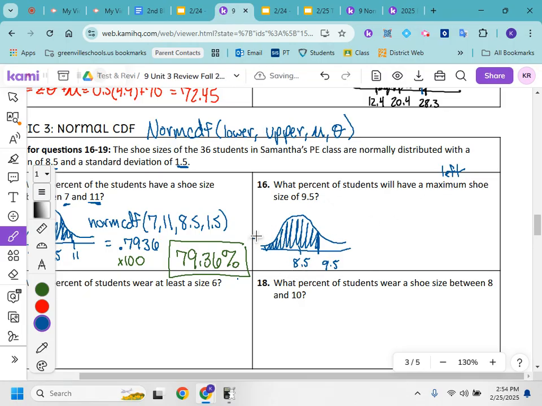We would love to put negative infinity in the calculator for our lower bound, the smallest number to the left, but we can't. So that's why I use negative 1, 2, 3, 4, 5, 6 zeros, just a very, very small number. To our upper, where we're stopping, 9.5, with our mean of 8.5 and our standard deviation of 1.5.